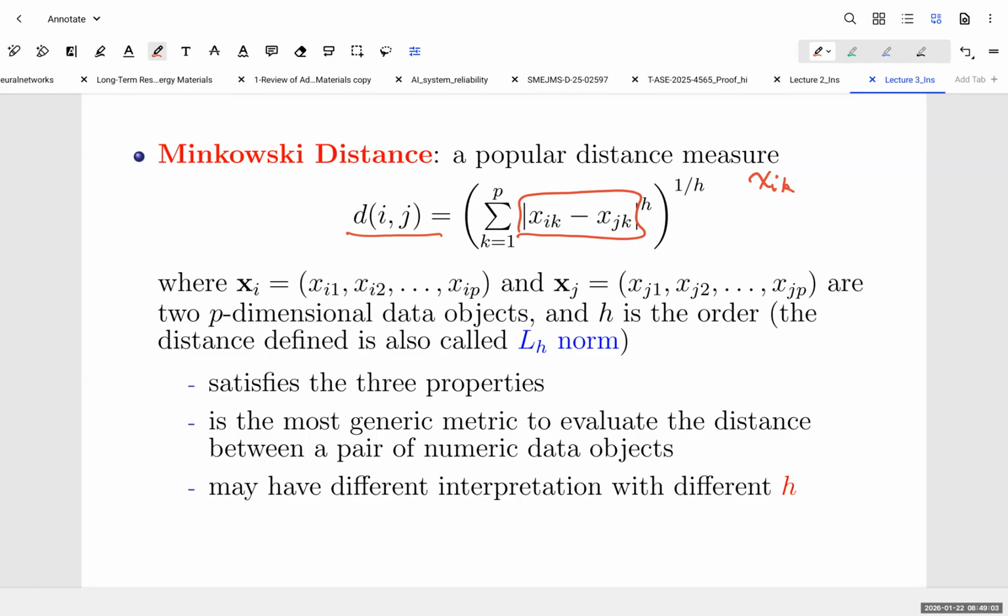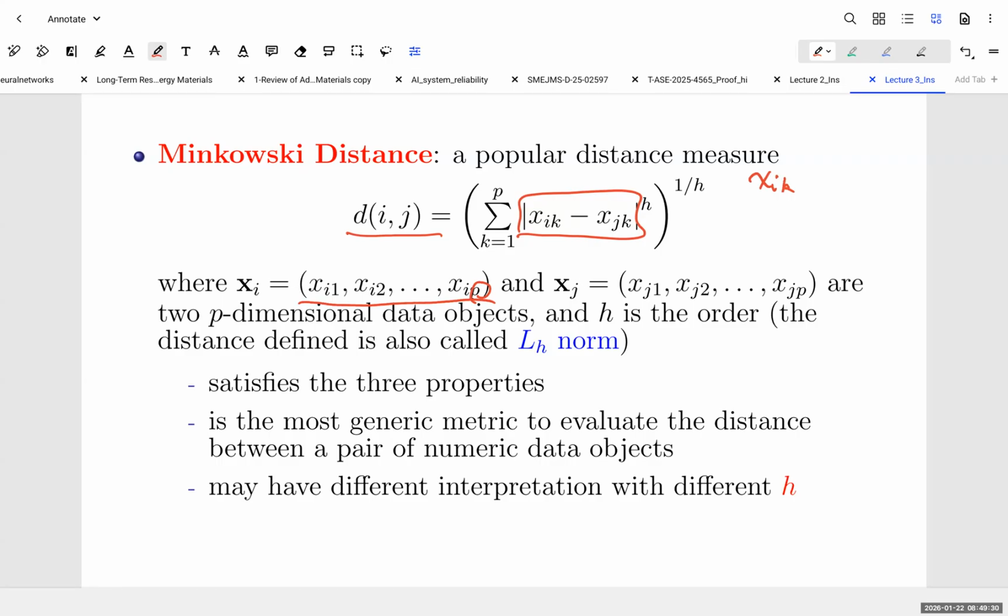So for each individual data object, we have a p, with reserved p to stand for what? The number of variables. We assume that all those variables, p variables, are numerical in nature, numerical variables. So k means the kth variable out of these p numerical variables.